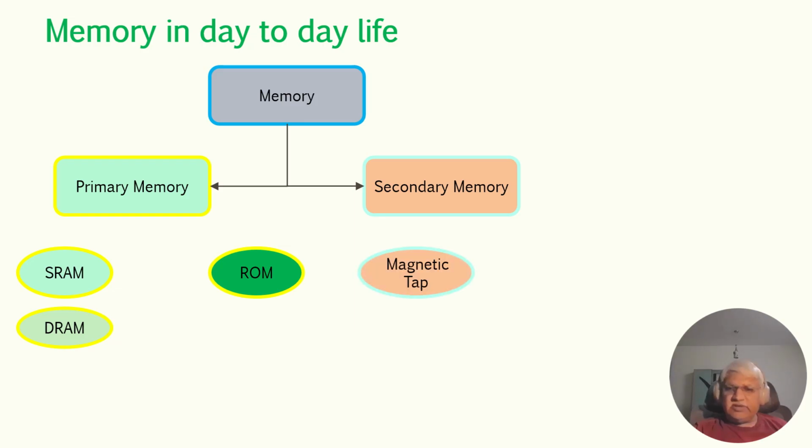For example, in the case of a magnetic tape, the same data exists, and this will usually exist external to the chip. Because of this, there is one advantage and one disadvantage. The advantage is it can store a large amount of data, like a library. However, the time taken to access or write it will be long.